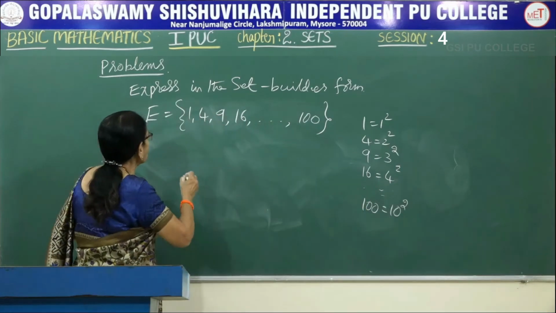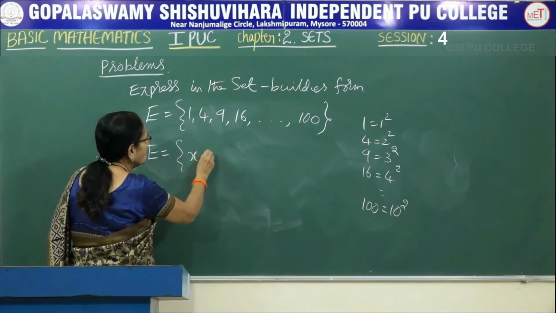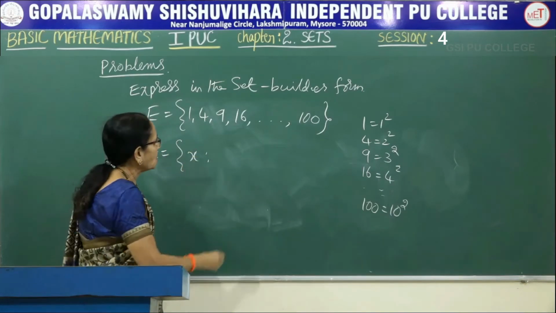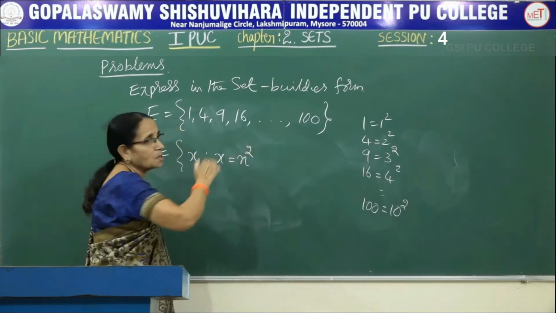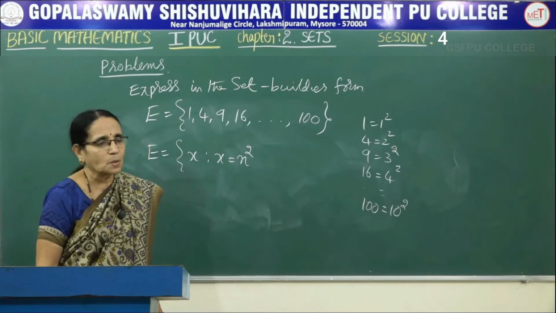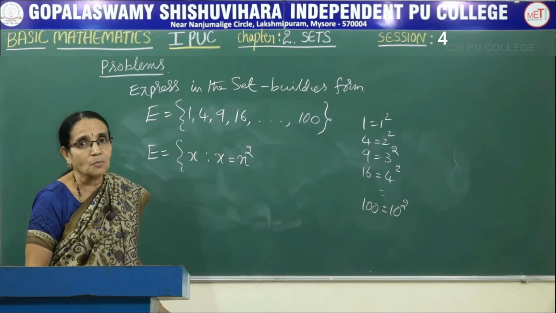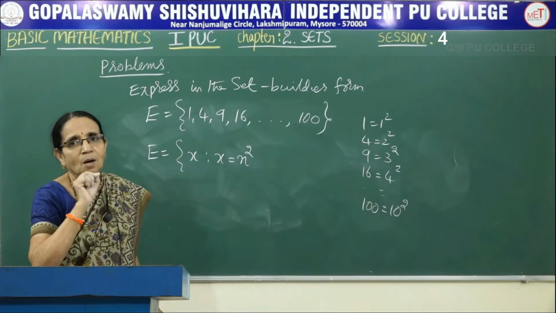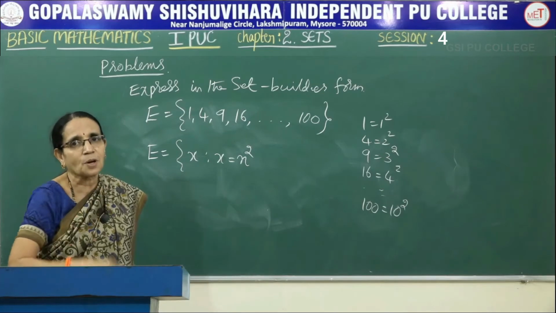So how do you write this one? Now E contains all x such that x is equal to n square. Because in the second and the third problem we had written 2 to the power n, 5 to the power n, because the index was having different values.